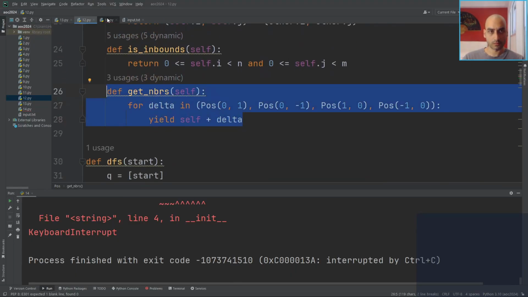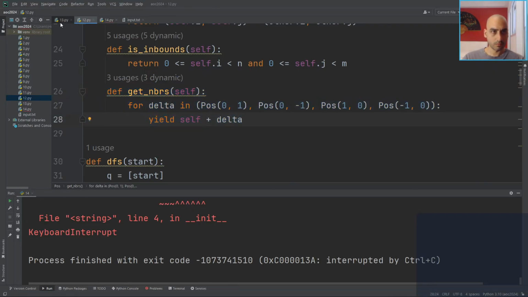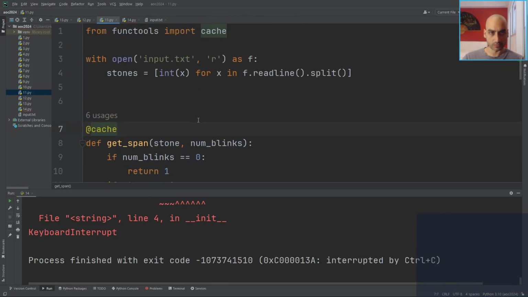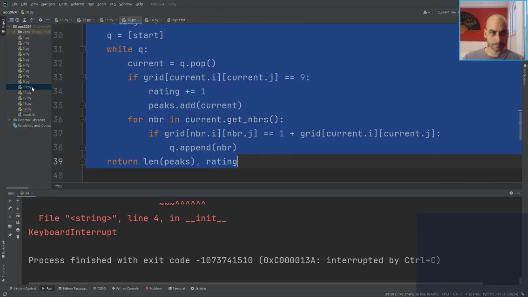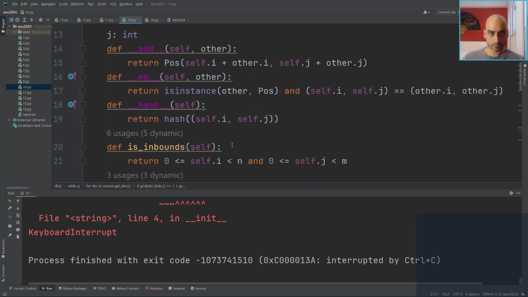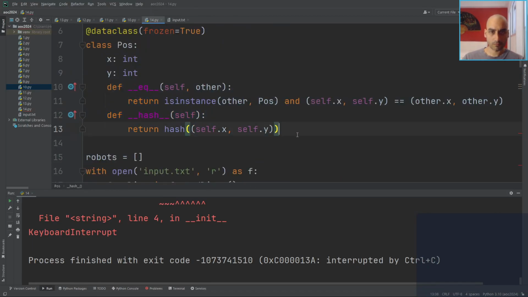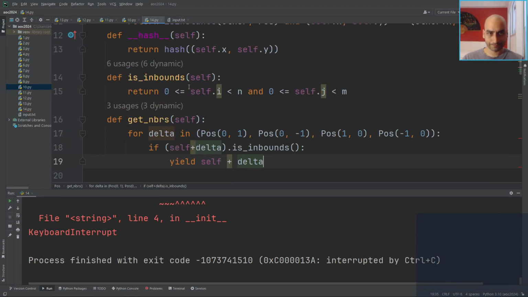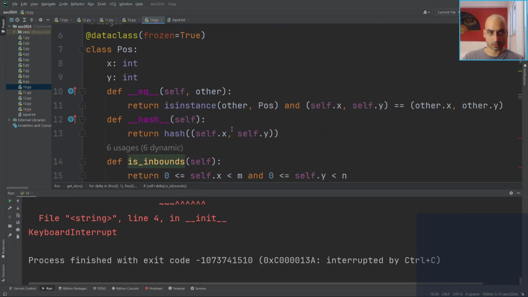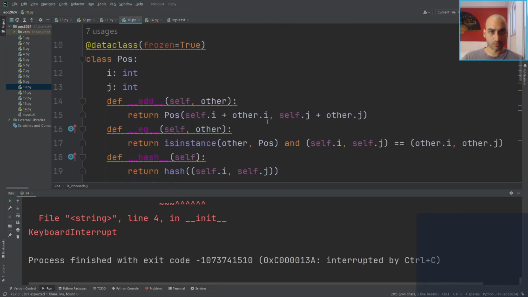Here. Let's use the version where we're going in bounds. So we want self.x is less than m, self.y is less than n, self plus delta. I took out the addition. We're using that now.